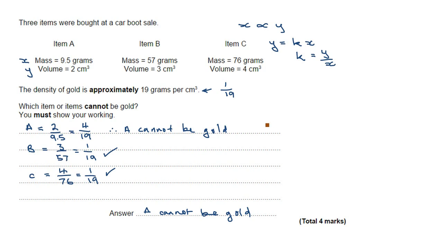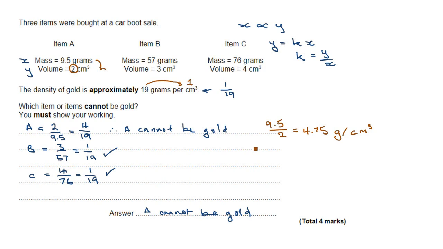If we think of this instead as we do with the rate, 19 grams per cubic centimetre, so in this direction 9.5 to 2, or in this case 19 to 1, because this is per 1 cubic centimetre, then if we've doubled the number of cubic centimetres here, then if we divide that into that 9.5, we'll actually get the density of this item A. So for item A, we can say 9.5 divided by 2 equals half of 9.5, 4.75 grams per cubic centimetre.